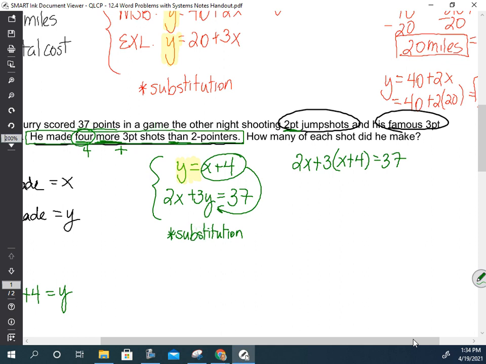And this is the way you want the equation to be set up, because this makes it a lot easier to solve out.